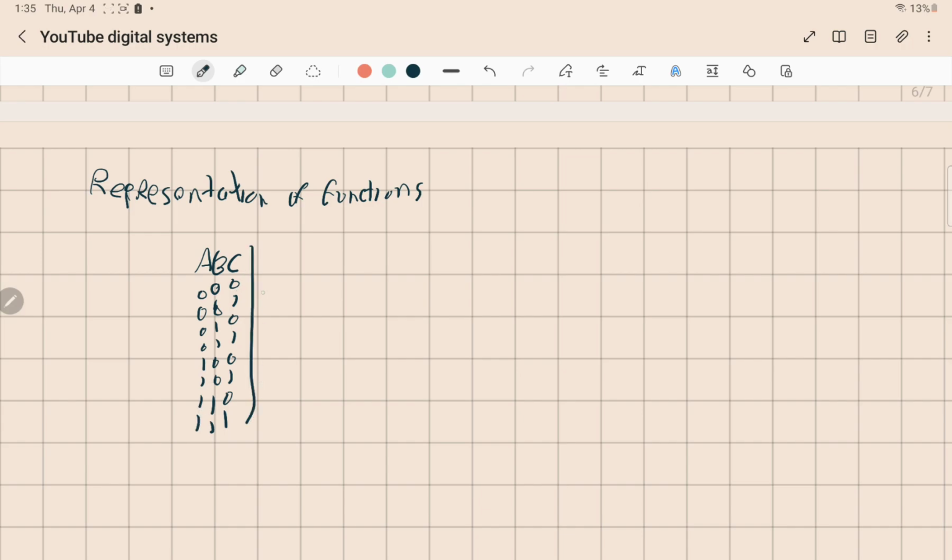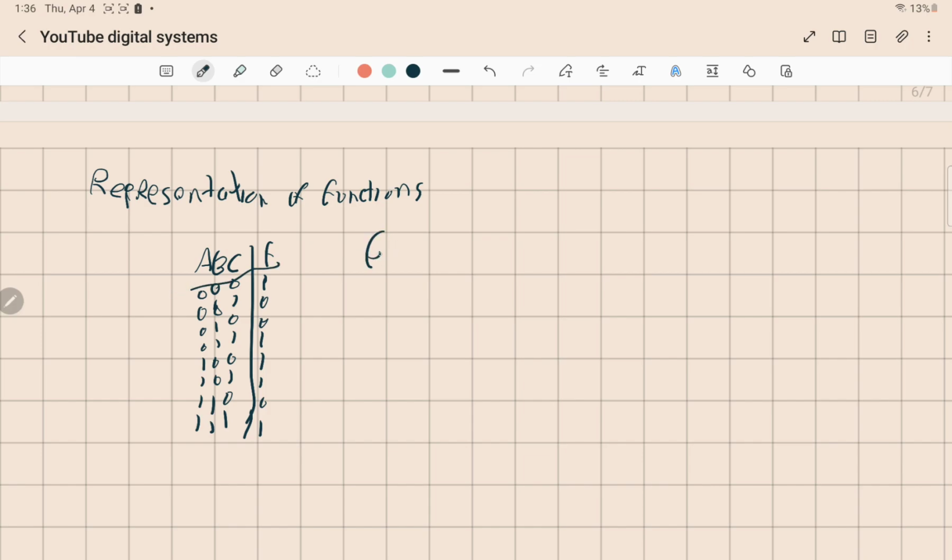Okay, now let's make a random function. Random outputs: 1, 0, 0, 1, 1, 1, 0, 1.